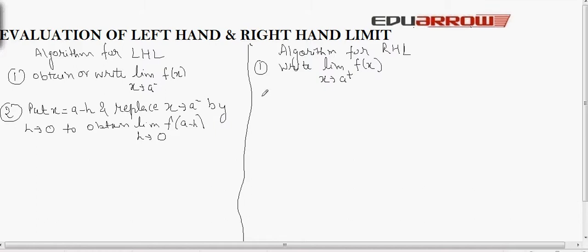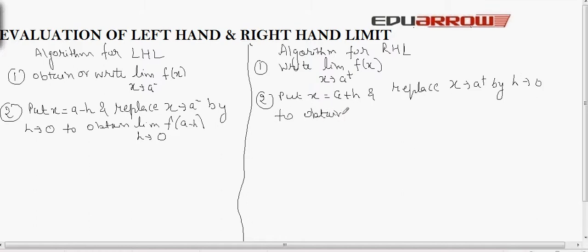Similarly, here in this case, put x equal to a plus h and replace x tends to a positive by h tends to 0 to obtain limit h tends to 0 f(a plus h).